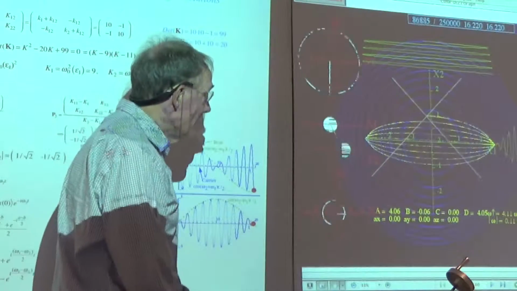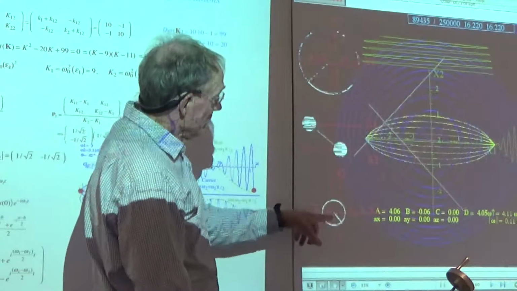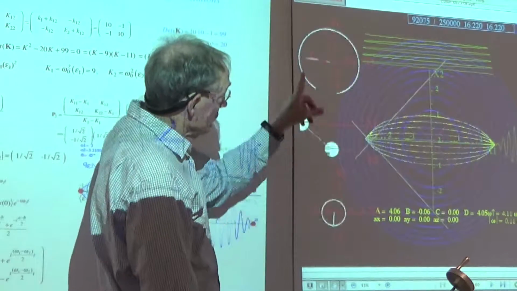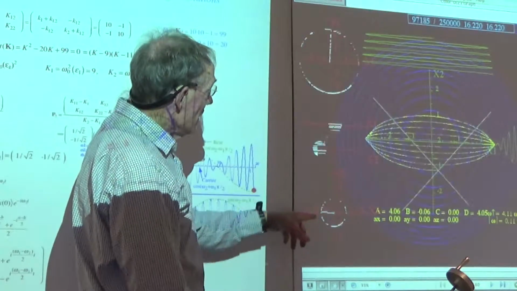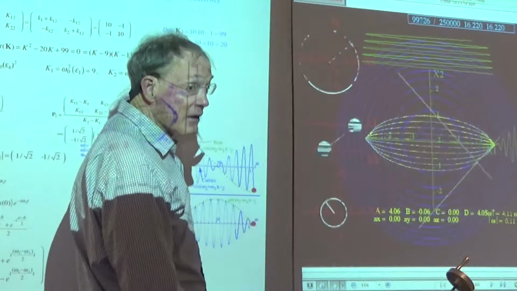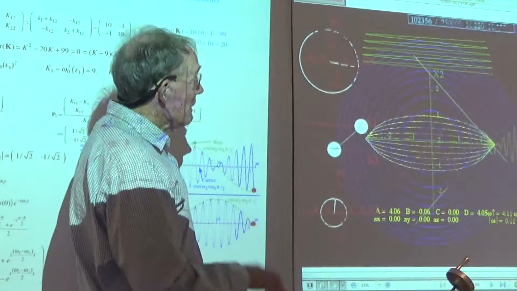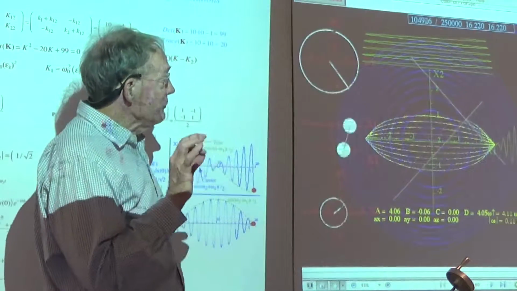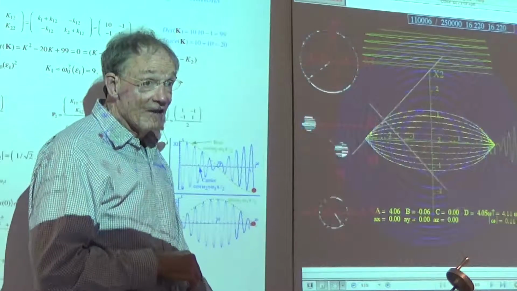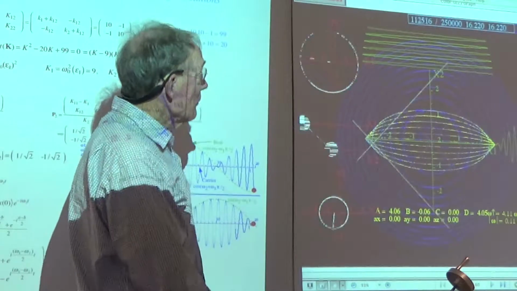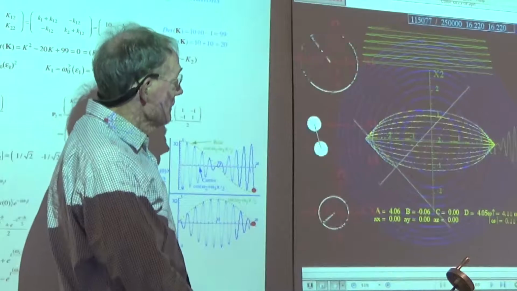But notice, what's the phase relationship between these two phasors? 90 degrees difference, right? Remember that 90 degrees was that magic phase lag that we call resonance in the single force damped harmonic oscillator.